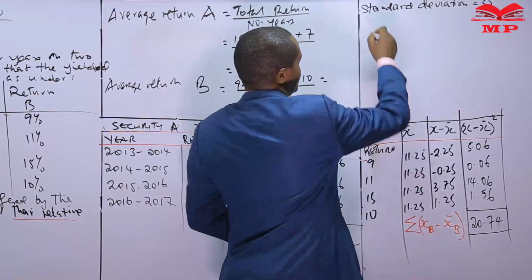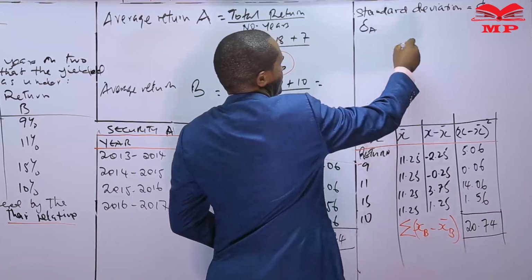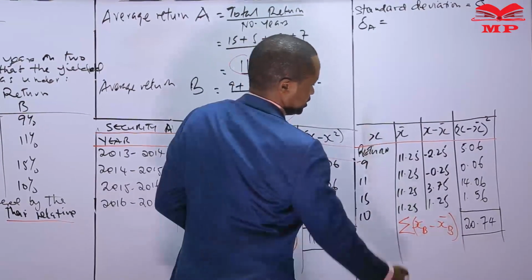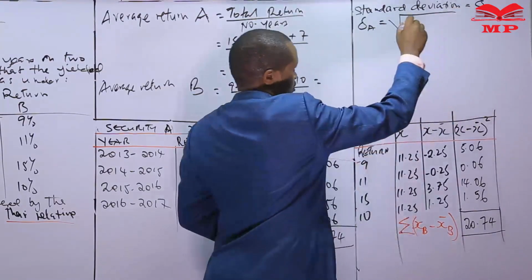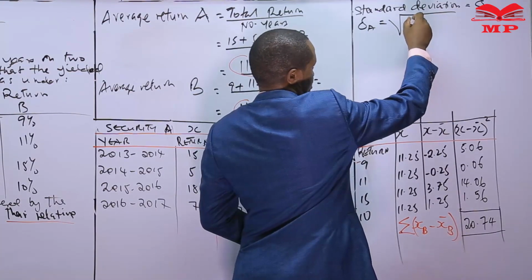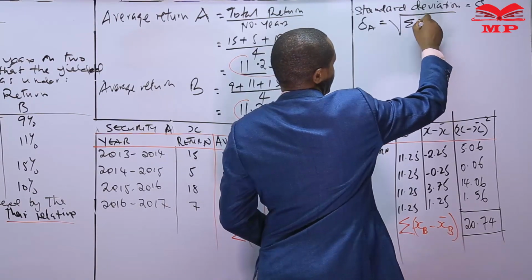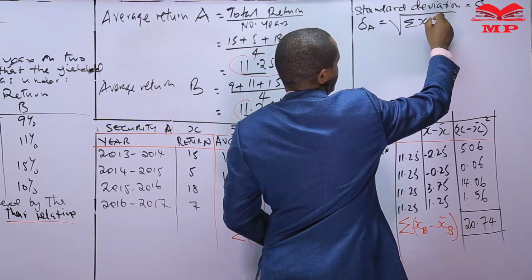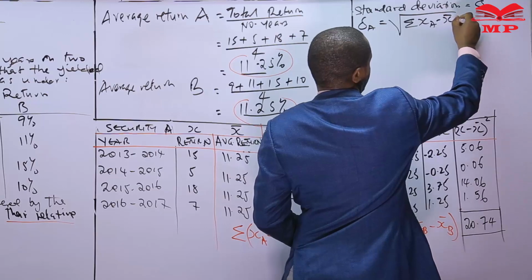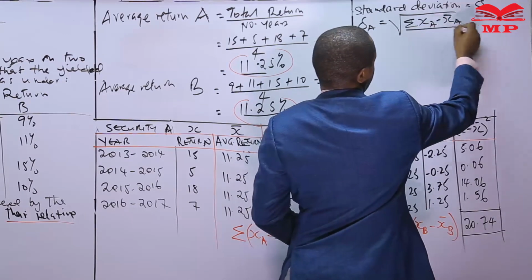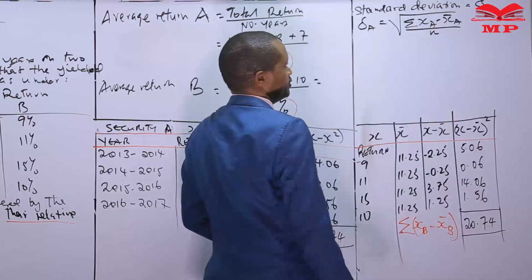So the standard deviation sigma of security A would be equal to the square root of the summation of XA minus X bar A squared over N, which is the number of years.